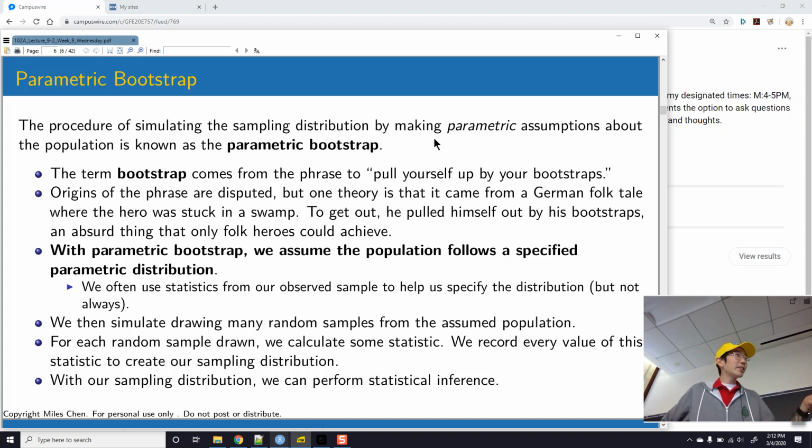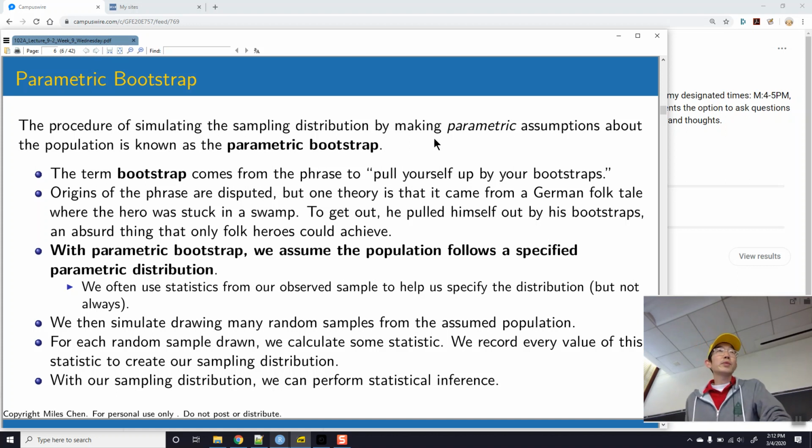So the idea here is, you have a sample of data, and without gathering more data, help yourself out. What that means is we're going to have to make some assumptions about the population. In this case, we're going to make parametric assumptions, meaning that we assume the population follows a specific parametric distribution. A lot of times we'll use statistics from our own observed sample to help us specify the distribution, not always, but a lot of times.